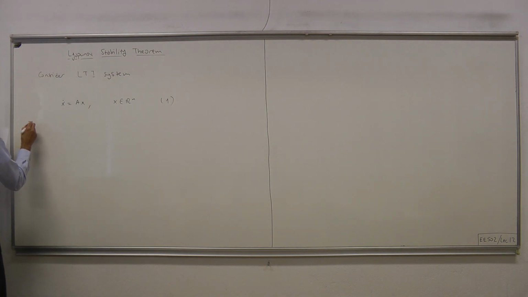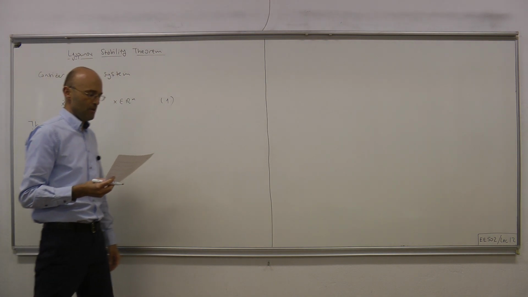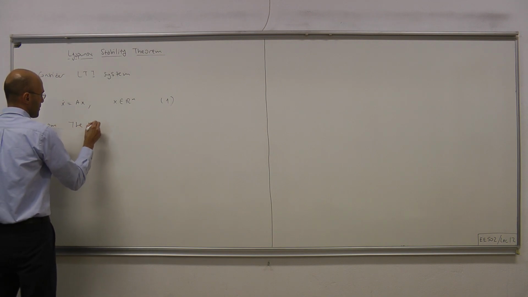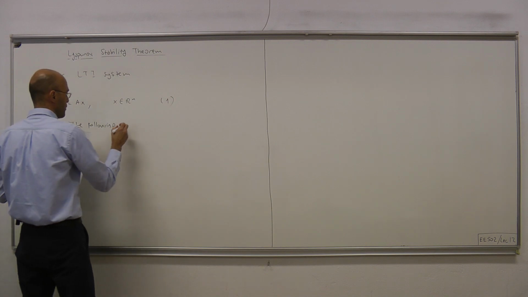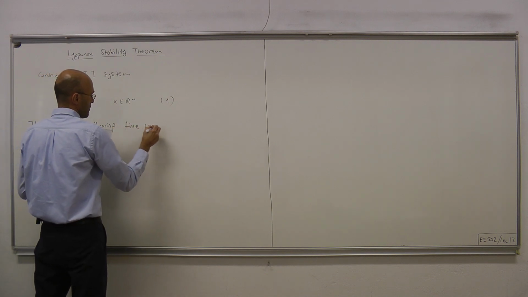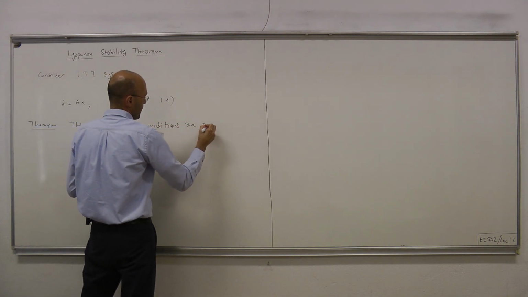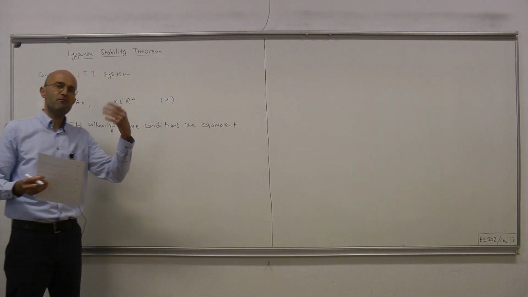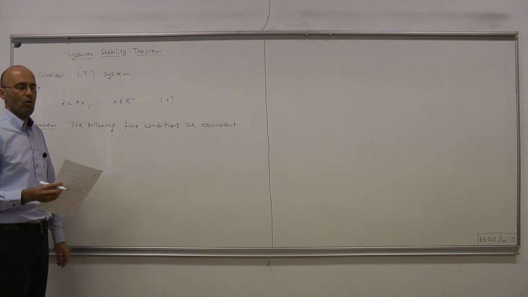Now, regarding this system, we can make the following statements about exponential stability. The following 5 conditions are equivalent. And by equivalent we mean if one holds, then any other also holds.